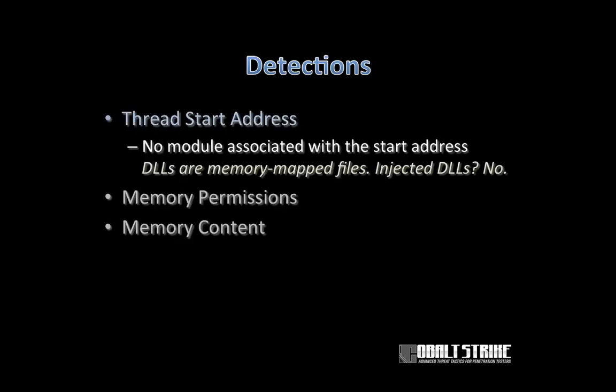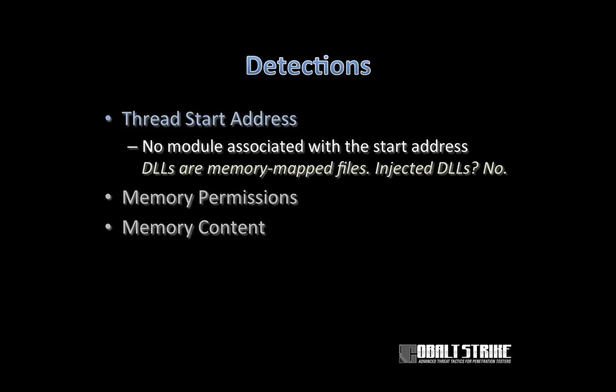Let's start with the thread start address. One common indicator is to look for a thread that has a start address not associated with a memory mapped file in the current process space. And you may be asking, why?